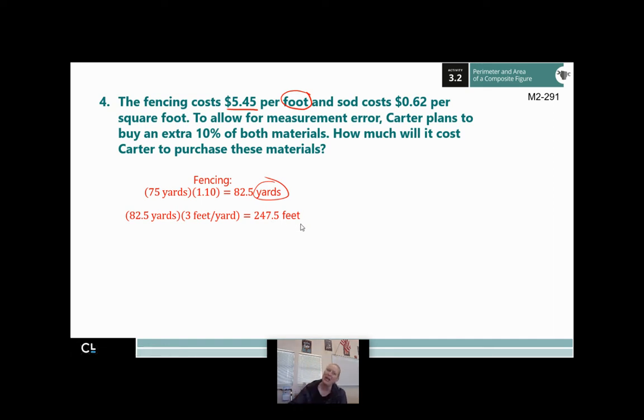Now I can multiply by the $5.45 per foot. And I realized that just the fencing alone, please don't forget it's money, rounded 2 digits behind the decimal, it's money. I found that the fencing is going to cost me $1,348.88.